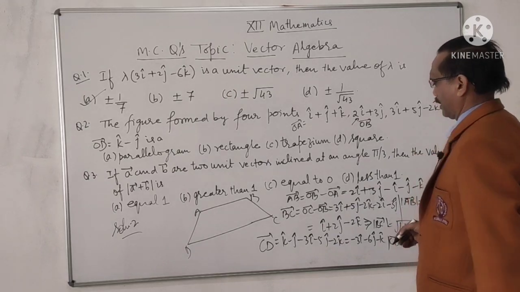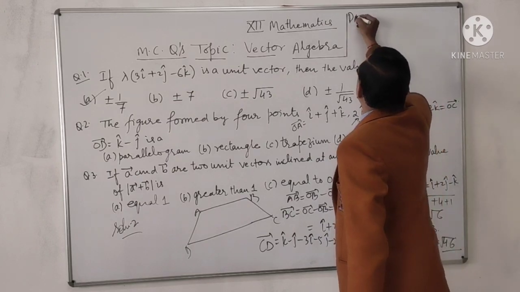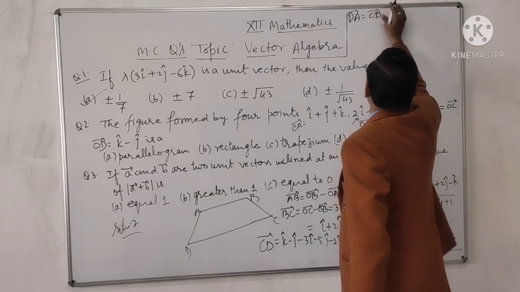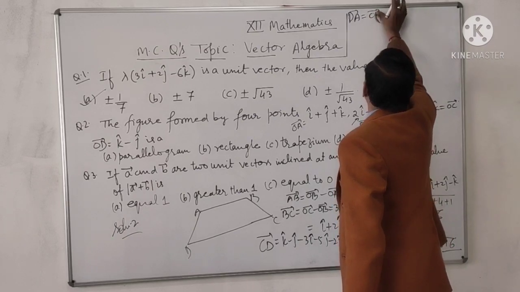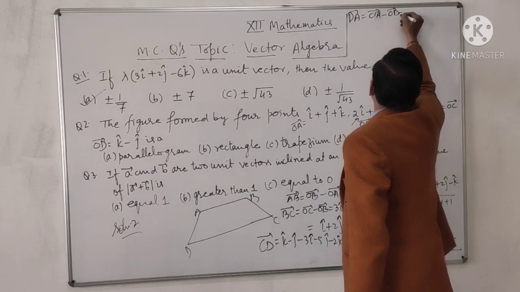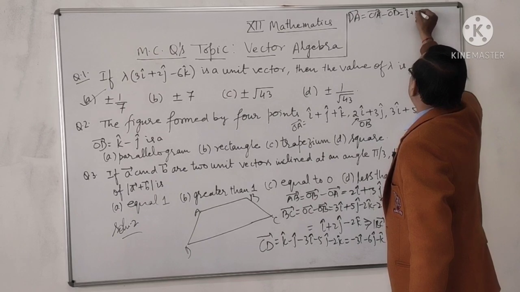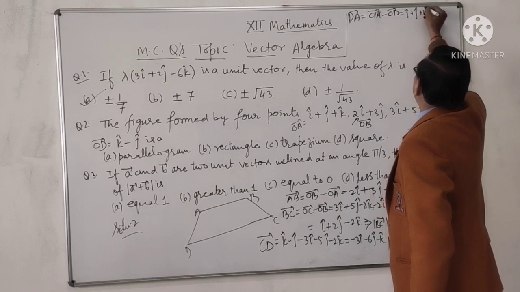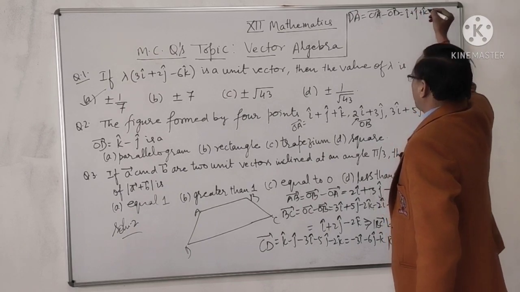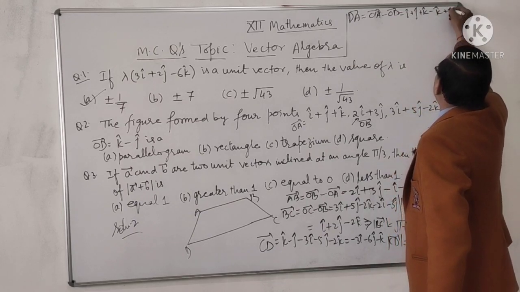Then let's simplify the DA vector. DA vector is OA minus OD. It is i plus j plus k vector minus D. K cancels.